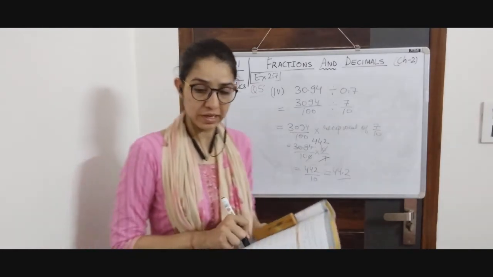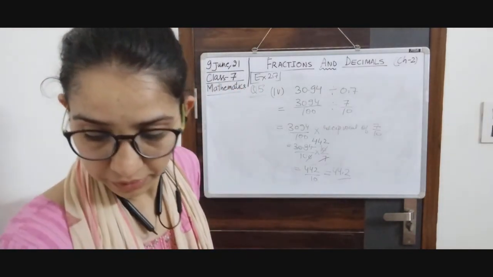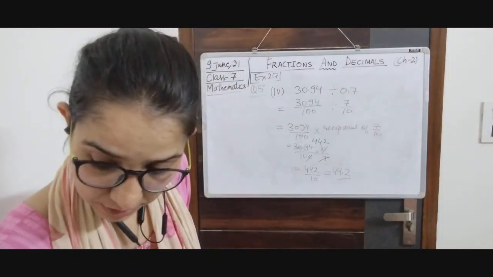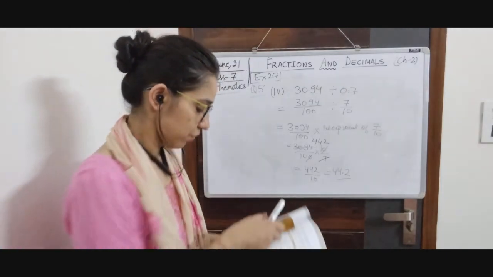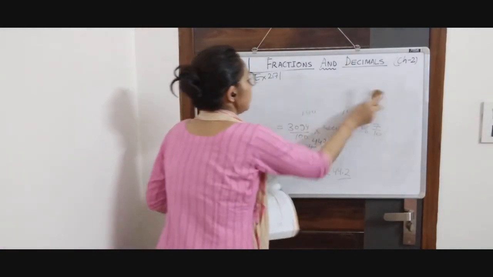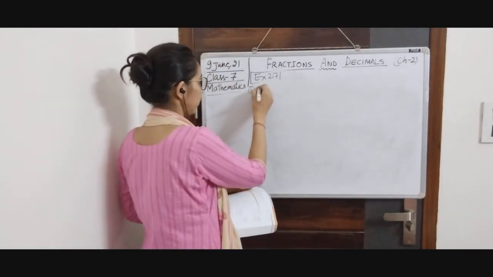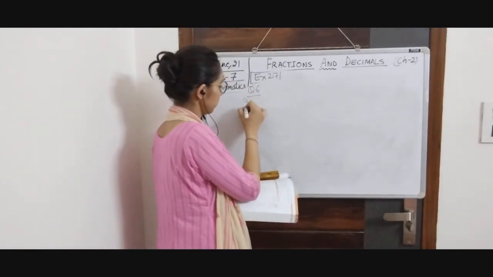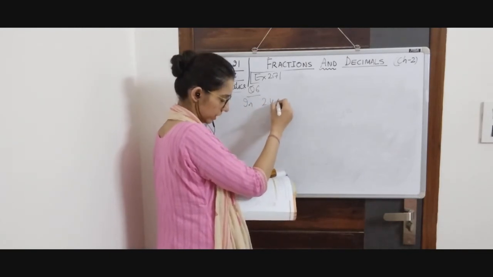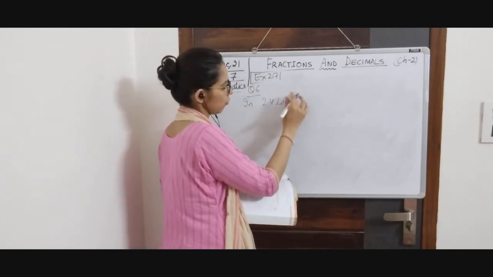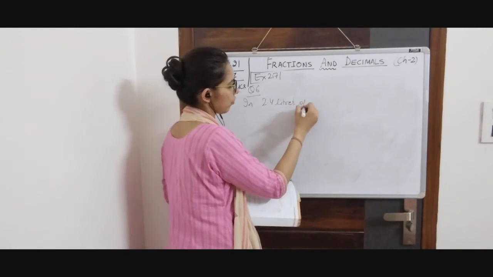Next is question number 6. A vehicle covers a distance of 43.2 kilometers in 2.4 liters of petrol.